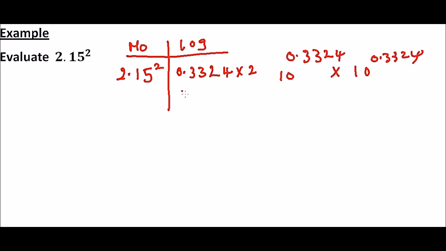So we get the logarithm: 2 times 4 is 8. 2 times 2 is 4. 3 times 2 is 6. 3 times 2 is 6. And then 0 times 2 is 0. So our logarithm is 0.6648. We get the anti-logarithm of this, and from the tables we get it is 4.622. So the answer to this, that is 2.15 squared, is 4.622.